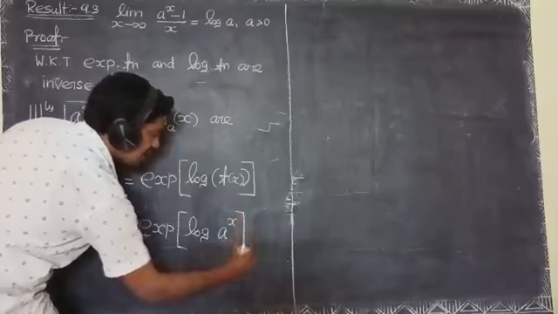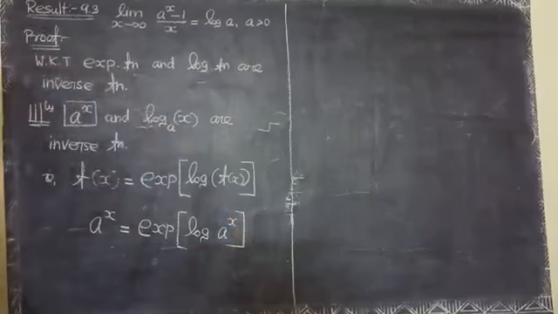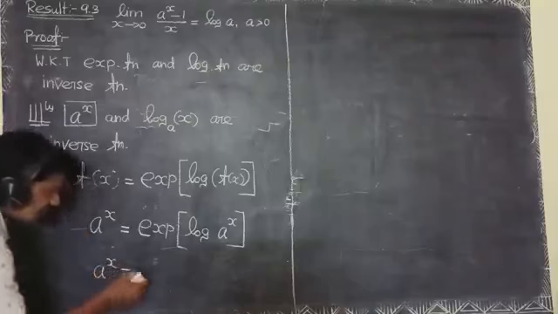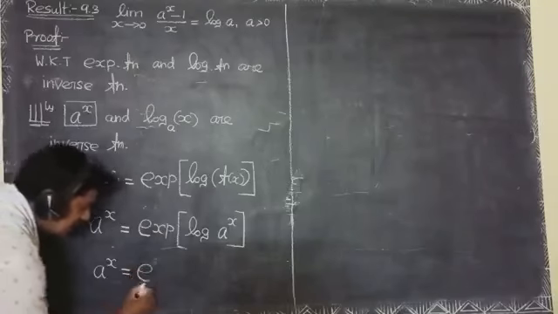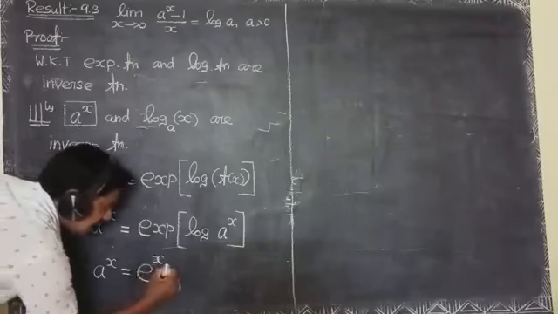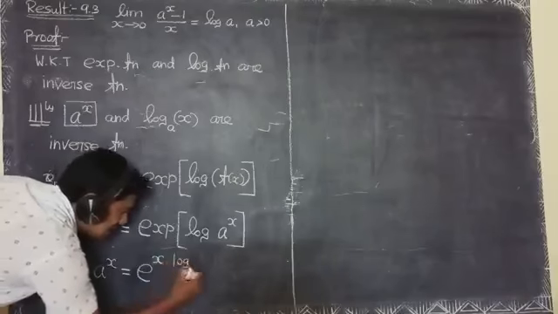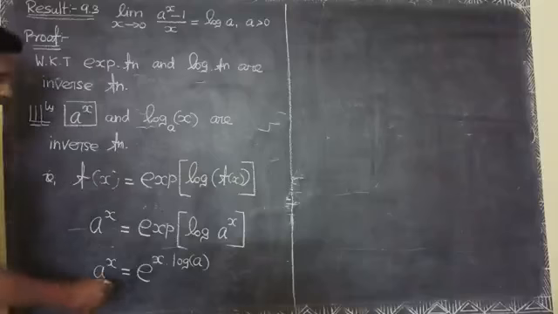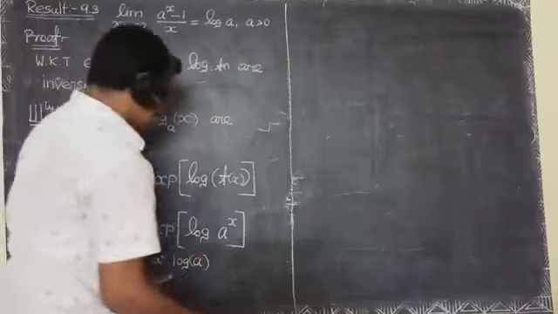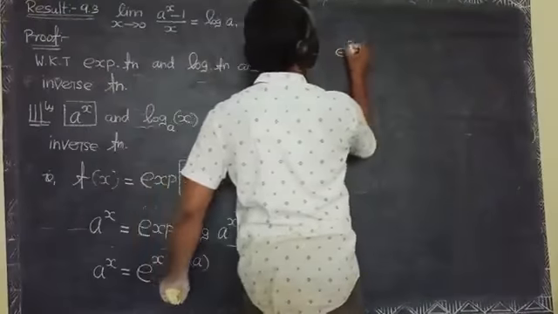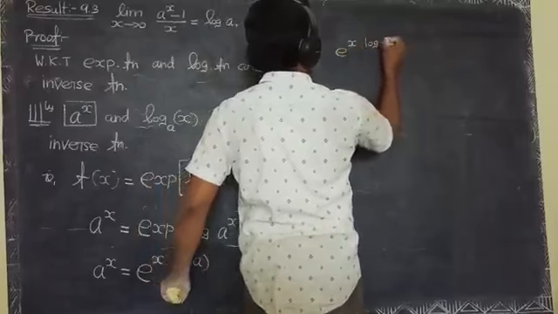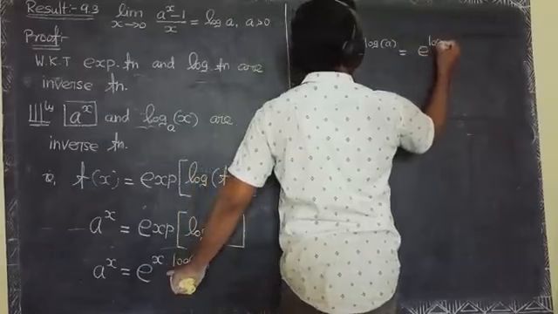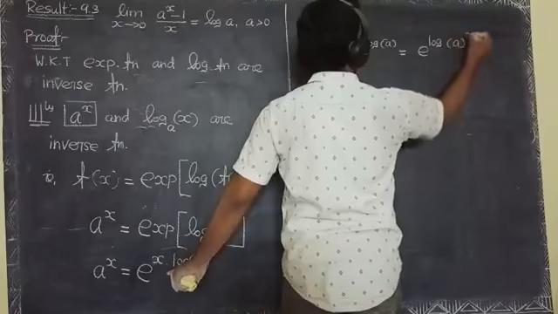Here a^x can be written as e^(x log a), because using the power rule, e^(x log a) can be written as e^(log of a^x).